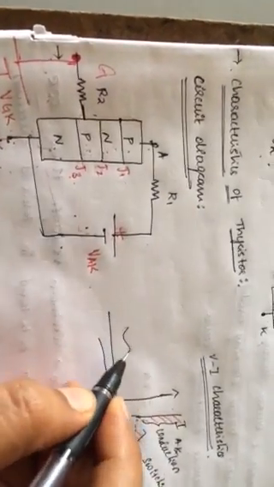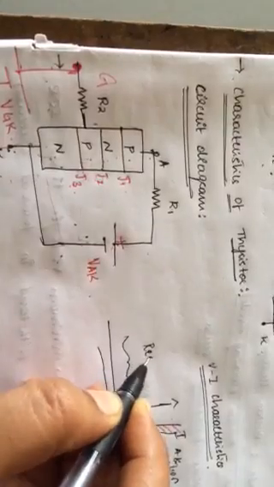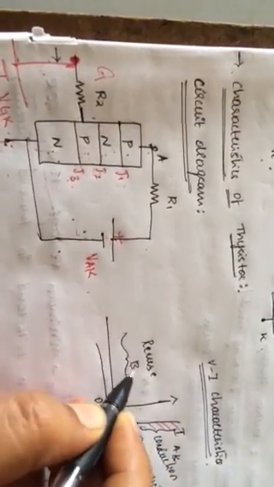As I told, when you apply reverse biasing to an SCR, first a small amount of leakage current flows, and this mode of operation is called reverse blocking.